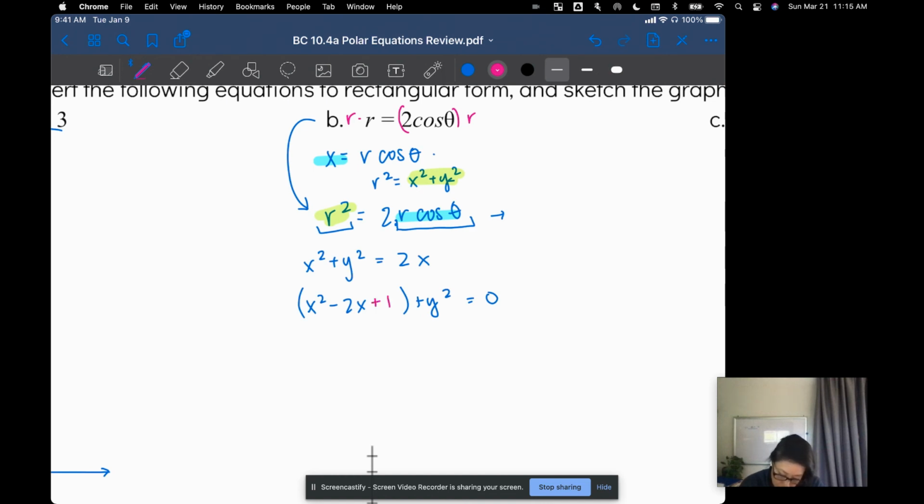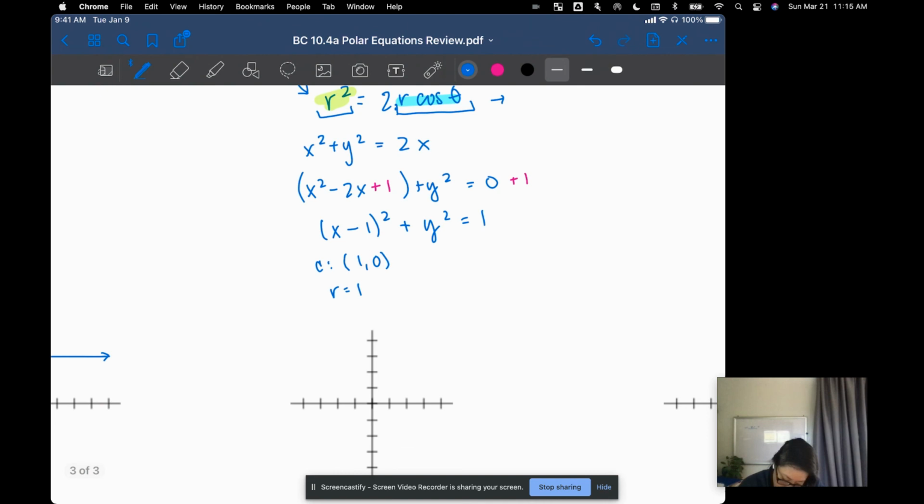So I'm going to add 1 and add 1 to the right hand side. So this factors to x minus 1 squared plus y squared is equal to 1. So this is a circle with a center of 1, 0 and a radius equal to 1.